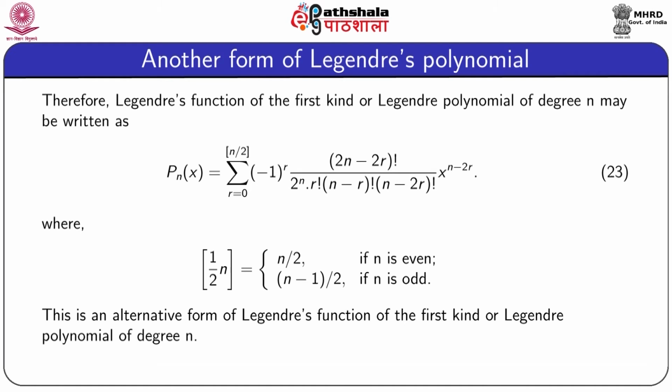Hence, the Legendre's function of first kind or Legendre's polynomial of degree n can be written in a more simplified form given in equation 26, which is P_n(x) equal to summation r equal to 0 to [n/2] of (-1)^r (2n-2r)! divided by 2^n r! (n-r)! (n-2r)! into x^(n-2r), where [n/2] in the box means it will be taken as n/2 if n is even and (n-1)/2 if n is odd.